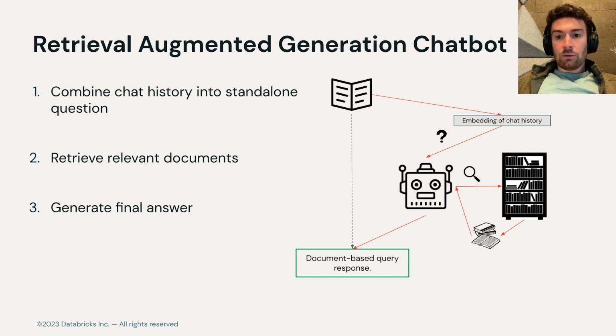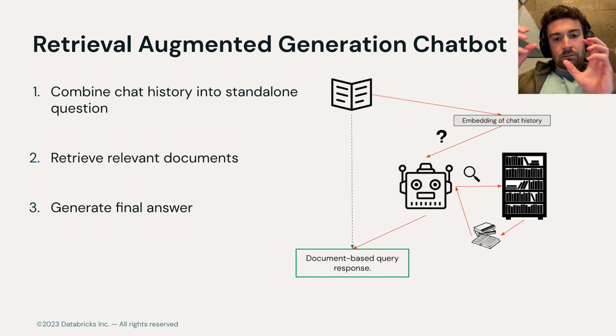And so the general flow for this type of application is first you'll have the chat history, which you'll condense into a standalone question. And this is important because you'll use that question to retrieve the relevant documents. If you don't do this condensing step, and you only use the final chat message in the chat history, it could be referencing things prior that you won't know about.